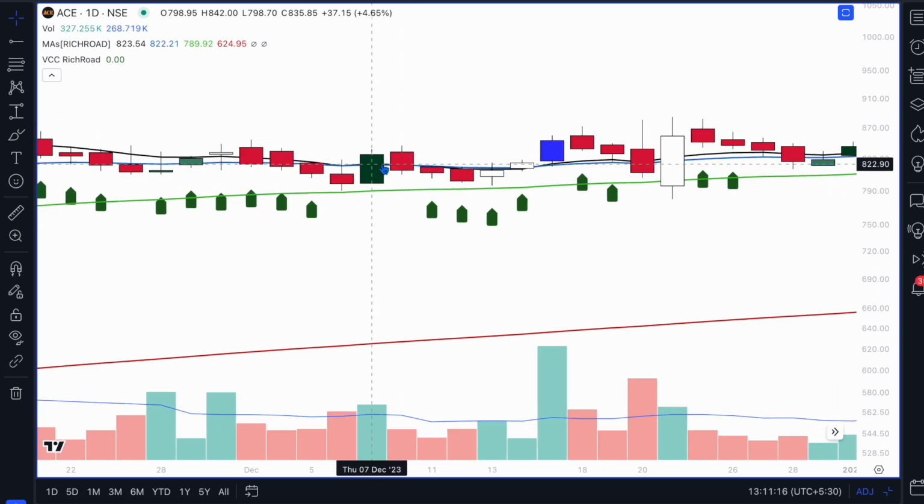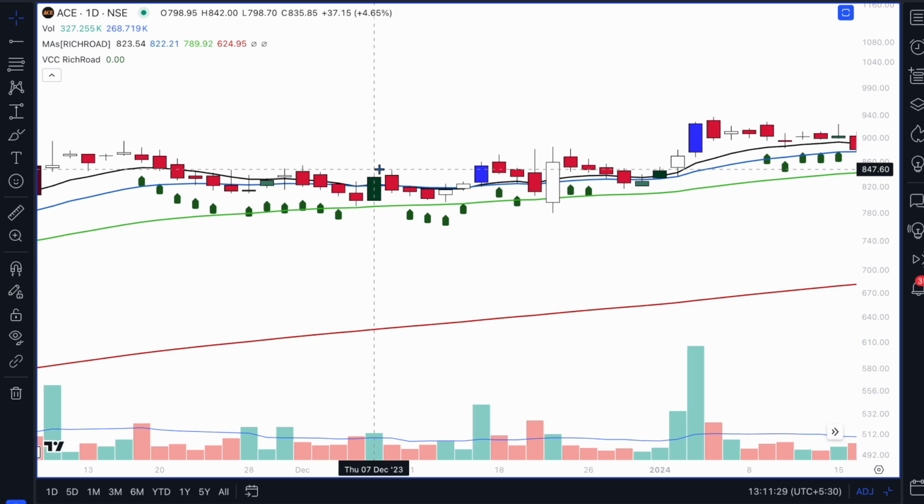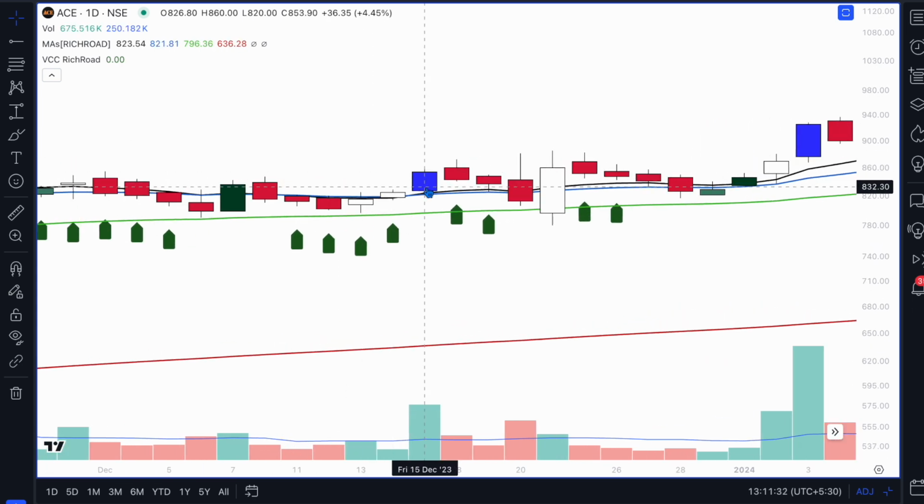Look at the black line of the 10 moving average. It is going below 20. So did this candle do anything? Absolutely not. This candle did nothing. Then which candle did? This candle took the 10 above 20, and then the price came back, giving you 2 buy signals here.